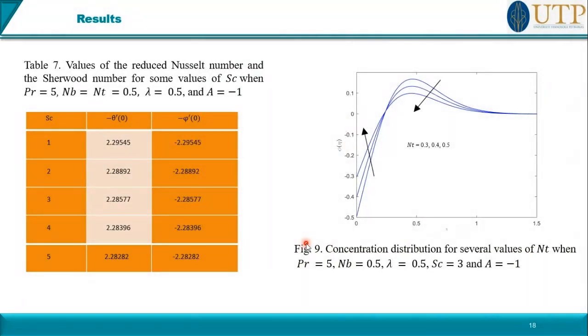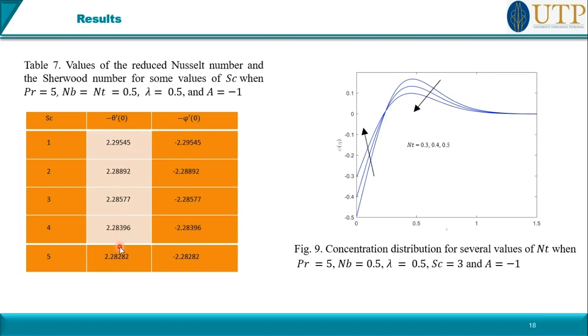Table 7 shows that as the Schmidt number Sc increases from 1 to 5, the heat transfer rate decreases. So you can see here it decreases.